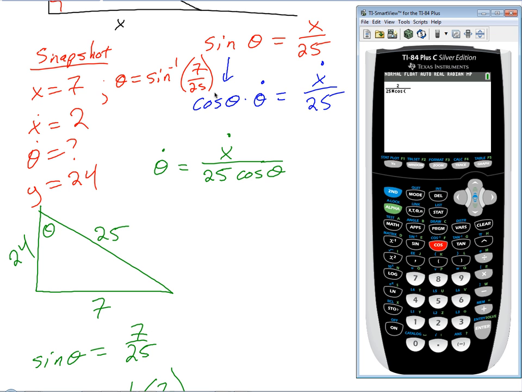That's just a number, a fancy way of saying a number. So we go inverse sine of 7/25, close the arc sine, close the cosine, and we get back 1/12. And that's your answer? Yeah, that's my answer.